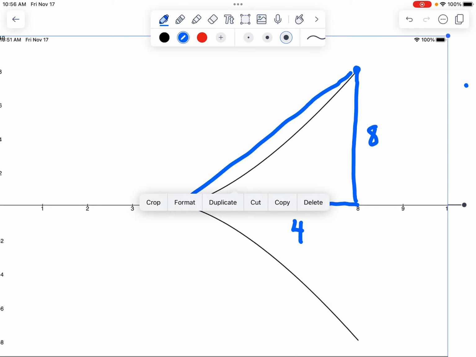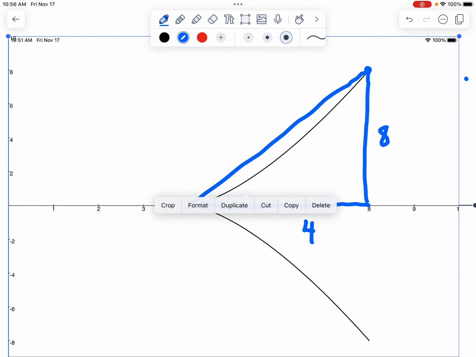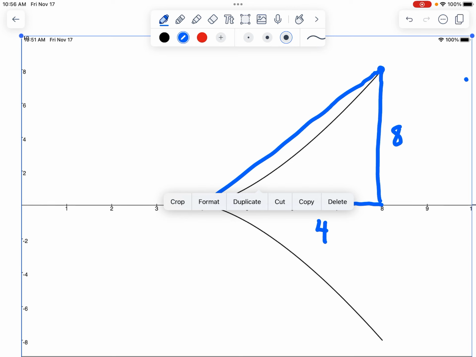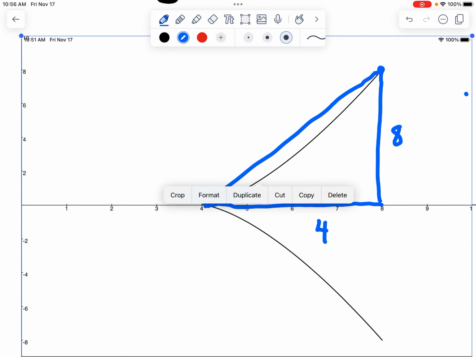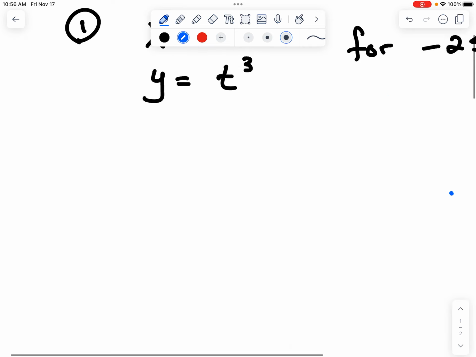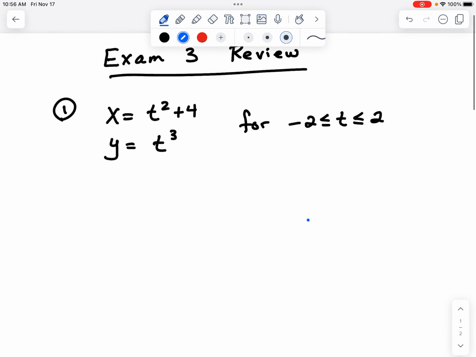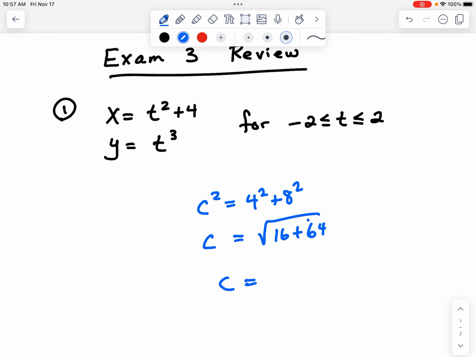And then we could estimate this length just using the Pythagorean theorem. So that's going to be c squared equals, okay, that picture was bugging me, so I'm just going to delete it. So that would be that c squared equals 4 squared plus 8 squared. So as an estimate, c is the square root of 16 plus 64. So that is square root of 80.